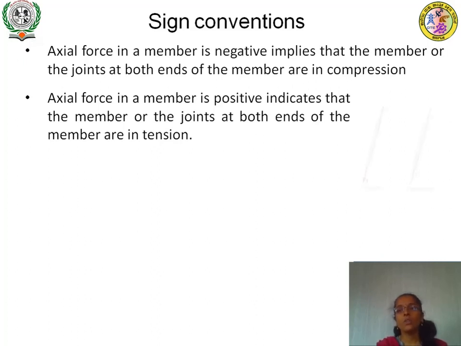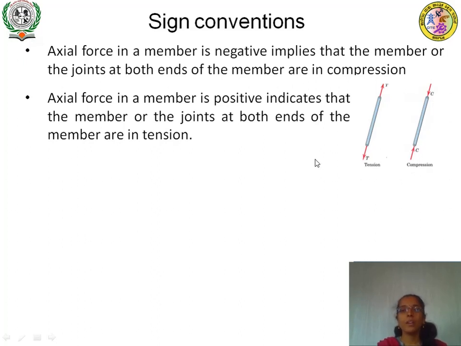Normally, how do we represent axial tensile and compressive forces? In your sums we used to represent like this: tensile force is represented by two outward arrows, that is a pulling action, and compressive force is represented by two inward arrows, that is pushing forces.